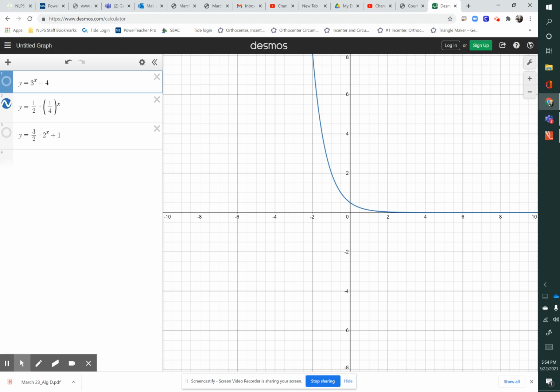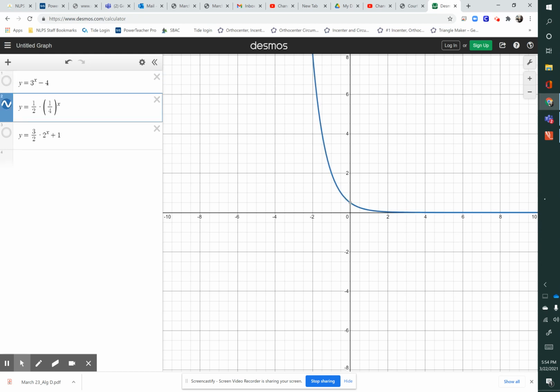So there it is. This is a decay graph. The domain, the x values will cover the entire x-axis, so the domain is all real numbers. Our asymptote is y equals 0, so our range is y is greater than 0.